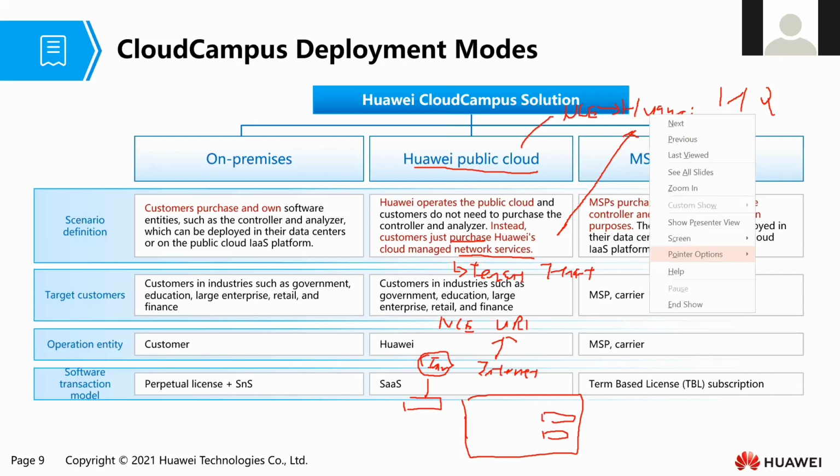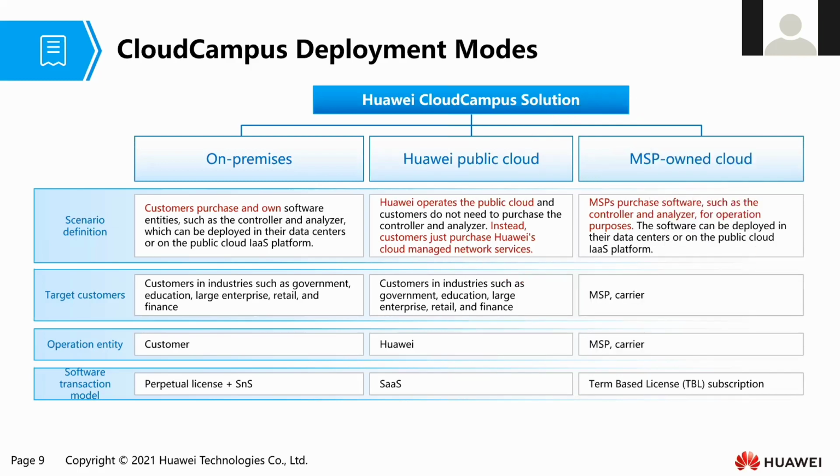And then the last deployment mode that we have is the MSP owned cloud. This one is actually similar to Huawei public cloud. Instead, the NCE is deployed in the MSP or carrier DC.